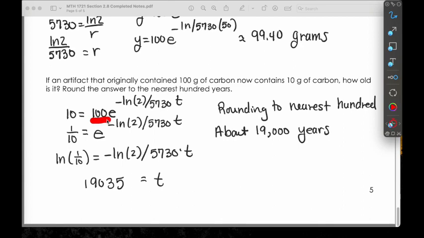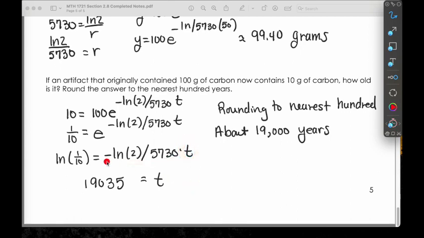So I'm going to divide both sides by 100. So I'm going to get 1 over 10 here is equal to e raised to the power of the rate times the t. I'm going to take the natural log of both sides. So that's going to give me the natural log of 1 over 10 is equal to negative natural log of 2 divided by 5,730, and that's all this rate is multiplied by t.